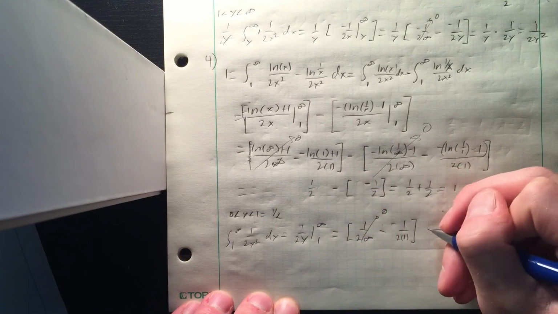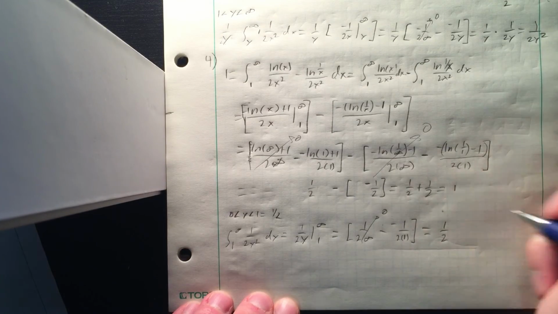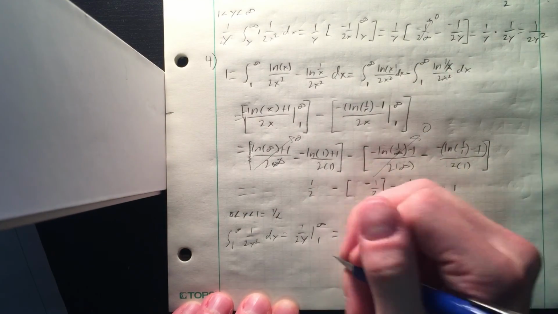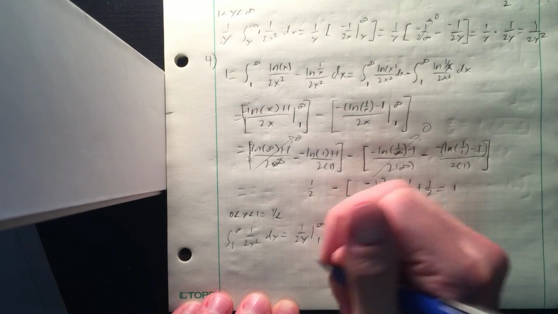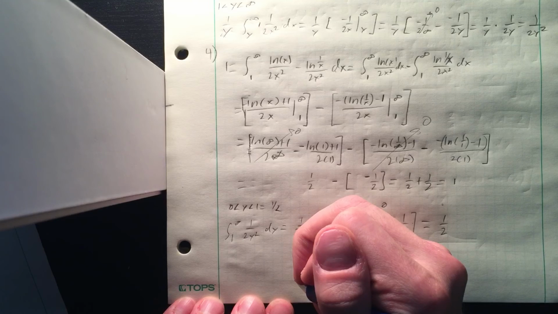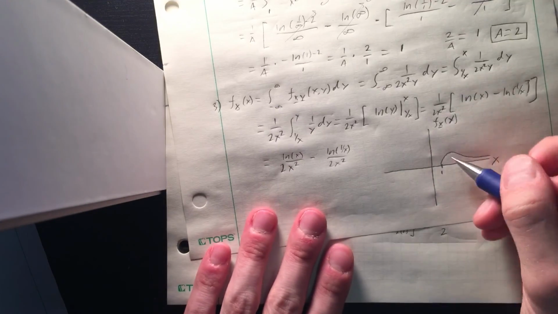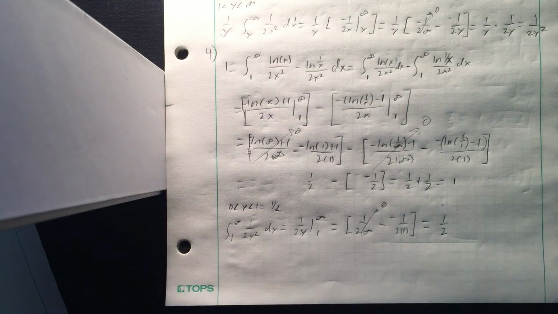This, of course, goes to 0, and we're left with 1/2. So 1/2 and 1/2 is equal to 1, like we found earlier, and these are both valid density functions because they equal 1 when integrated. So that's 1, and this is 1, and that is the end of problem number 2.